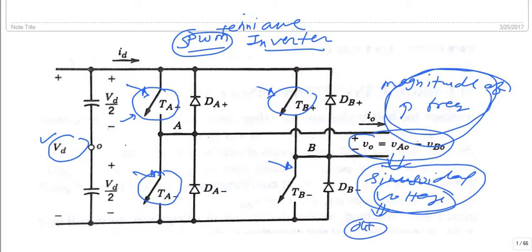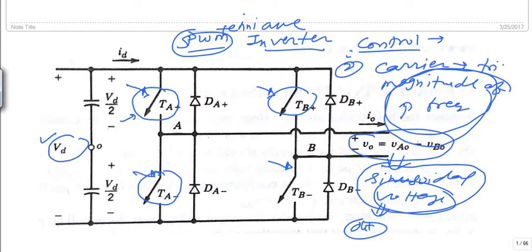To generate this switching signal, we require two signals. One is called the control signal or reference signal, and the second is the carrier signal, which is generally taken as a triangular signal.